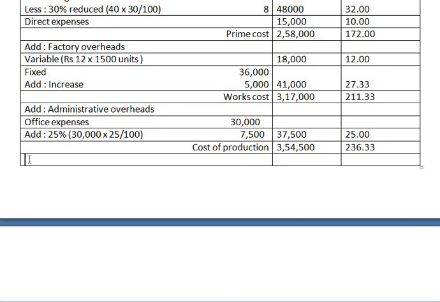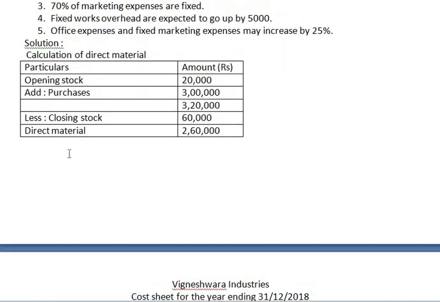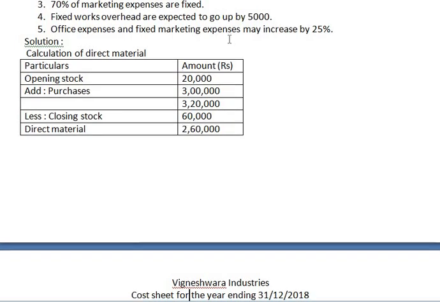Next is add selling and distribution overheads. Related to selling and distribution overheads, again there is an increase. Fixed marketing expenses may increase by 25%.